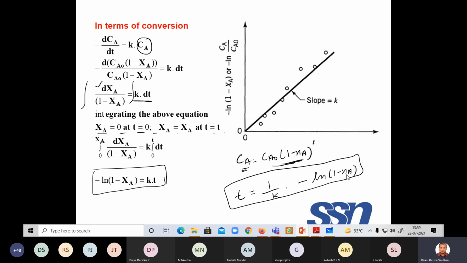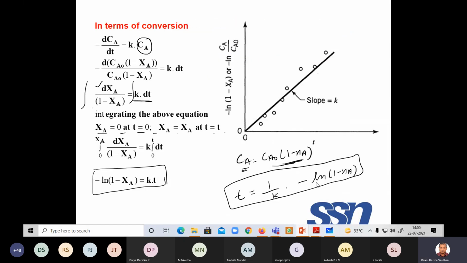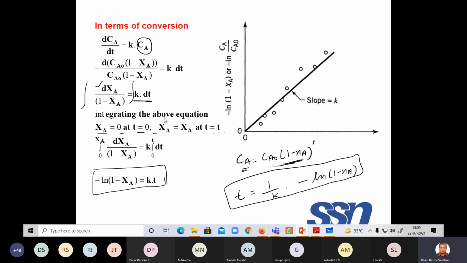This is in terms of the conversion, or you can put it in terms of the concentration also. That's up to you how you want to put it. This is for the first order reaction.